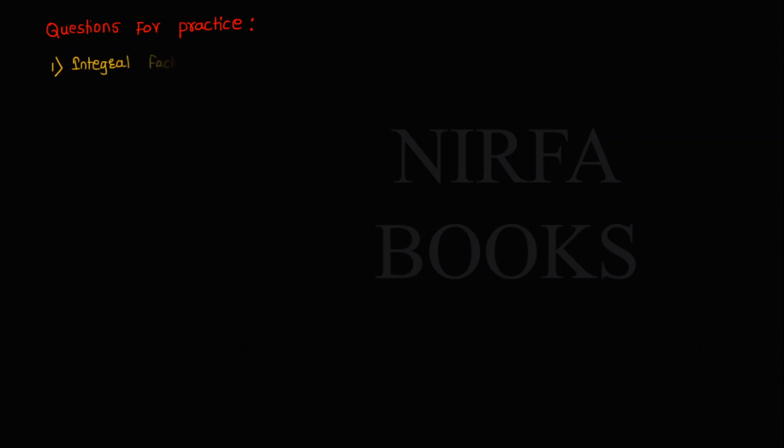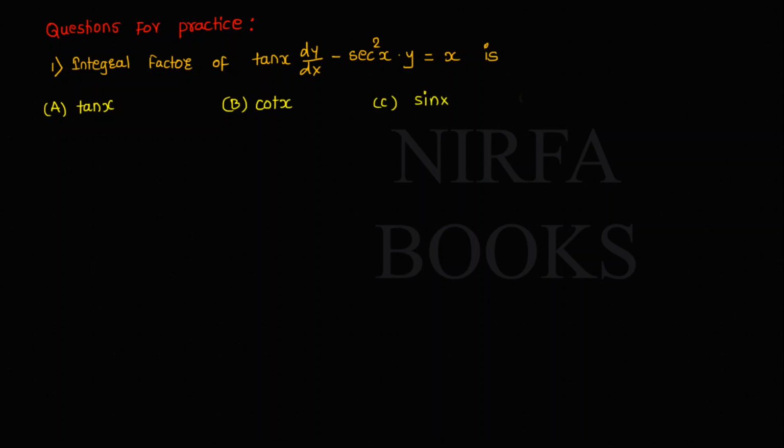The question is, integral factor of tan x into dy by dx minus sec square x into y is equal to x is, and the options are tan x, cot x, sin x and sec x. Now how I can check which option will be the correct answer?